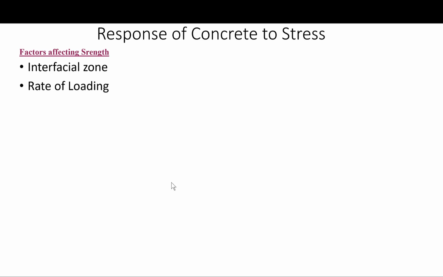The next factor is the interfacial transition zone. As we discussed earlier, the strength of the interfacial transition zone has a small but measurable effect on the compressive strength of concrete and a major effect on the tensile and fracture properties, as we have shown before.